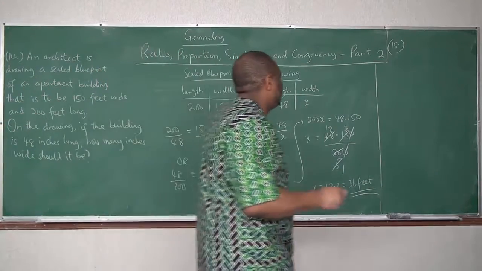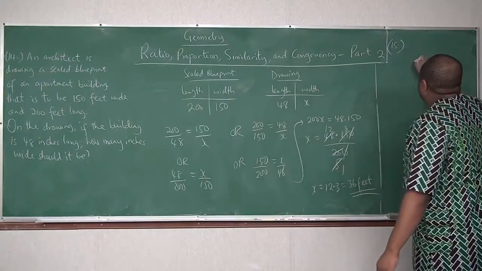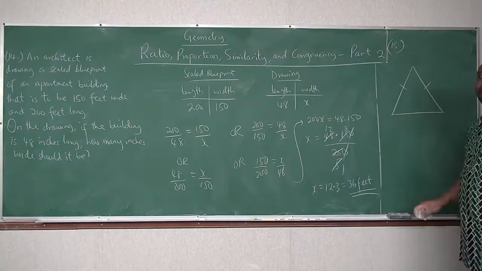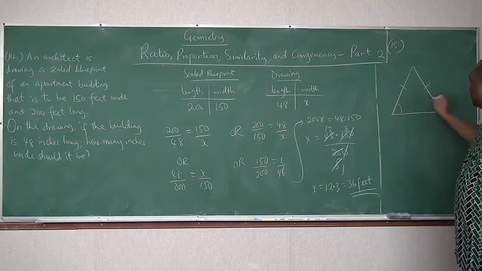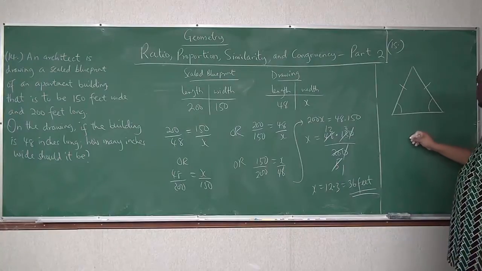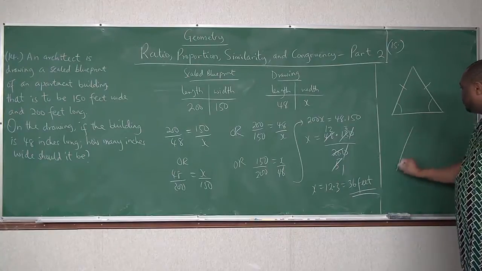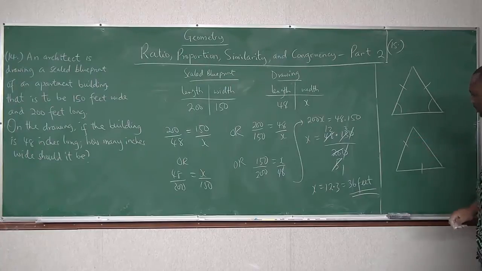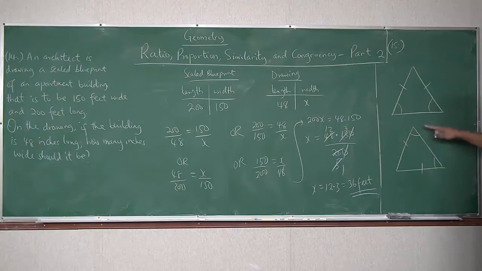When you have an isosceles triangle, if you have it this way, that means this and this are congruent. If you have it this way, that means this and this are congruent.